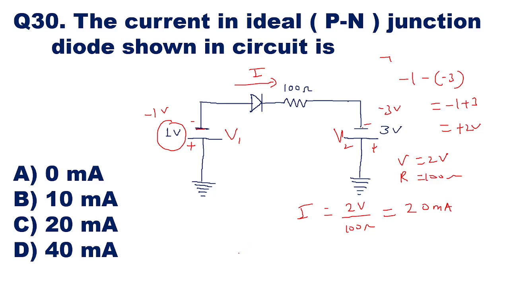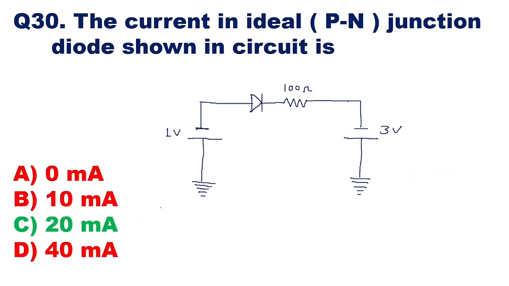So I is equal to 20 milliamperes, and option C is the right answer, that is 20 milliamperes.